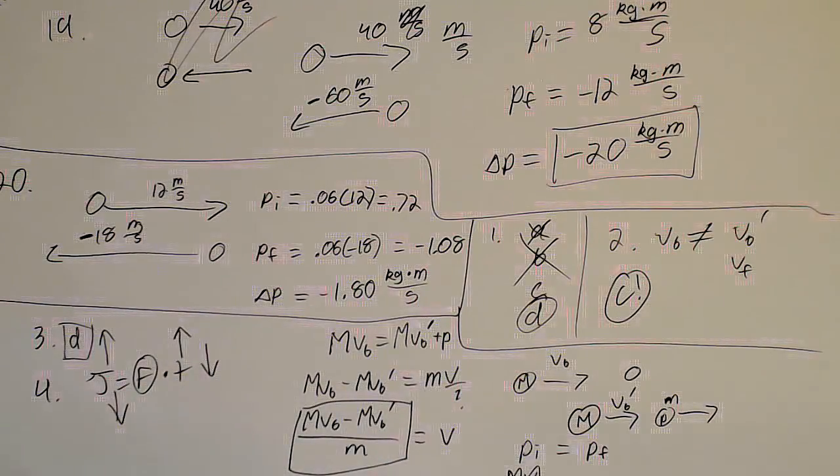So answer D, which is going to be our right answer, says the bullet fired from the rifle is faster because the impulse is greater with the longer time in the barrel.